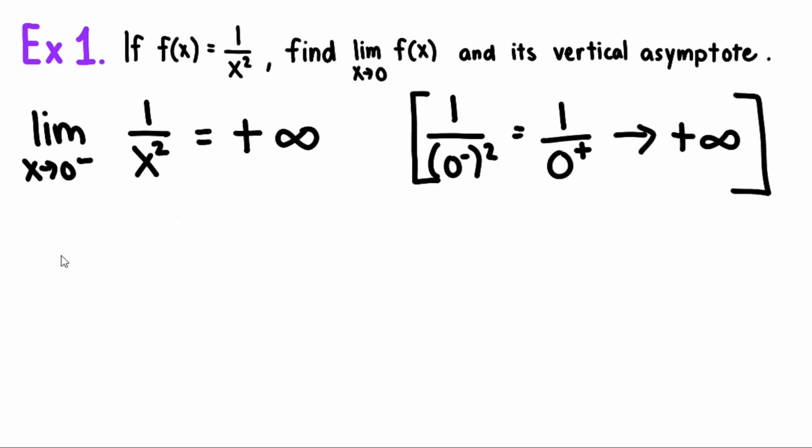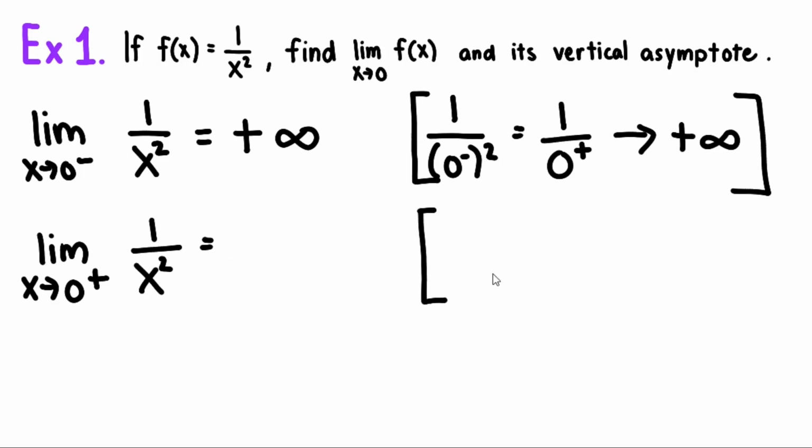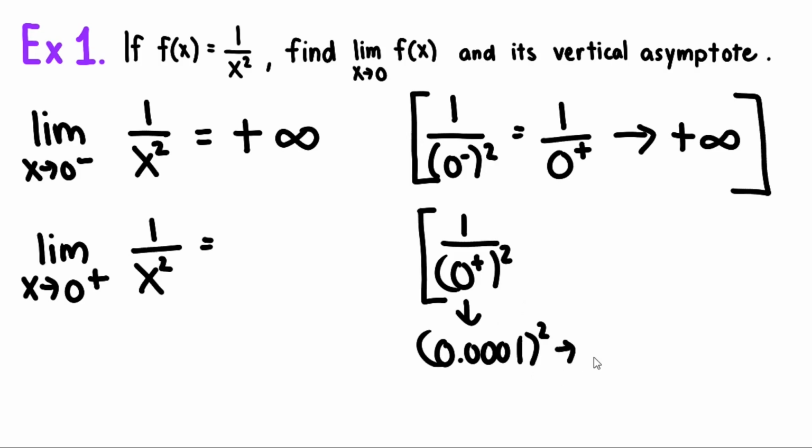Let's check the limit as x approaches 0 from the right of 1 over x squared. So let's inspect this one again. We'll have 1 over 0 from the right, squared. We know that the values from the right of 0 are like 0.001. If we square it, it is still positive. What I mean by that is that it is still close to 0, but positive values close to 0.